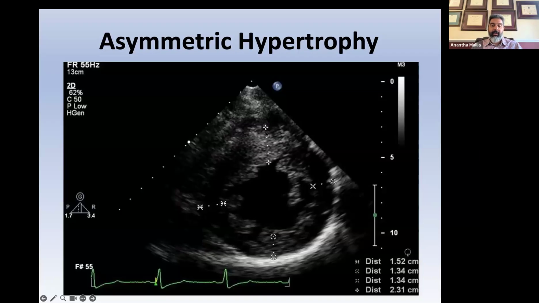You can see a measurement being made of the anterior septum, and it's being compared to the thickness of the opposite wall. It's a thickness of 2.3 centimeters versus a thickness of 1.3 centimeters. So that ratio is quite high. So this meets the anatomic criteria for the diagnosis of HCM.